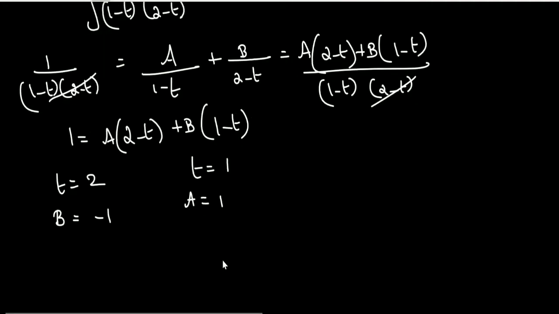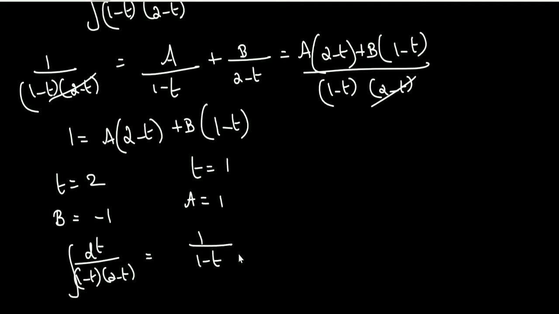So we can integrate now. Integral dt by 1 minus t into 2 minus t is equal to a 1 by 1 minus t, b is minus 1 by 2 minus t.